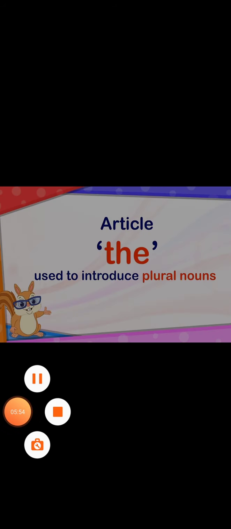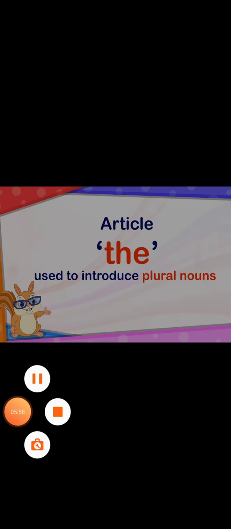Plural is nothing but more than one thing. For example, pens, children, students, teachers, notebooks. The thing indicating more than one is the plural form. For that we use the article the.